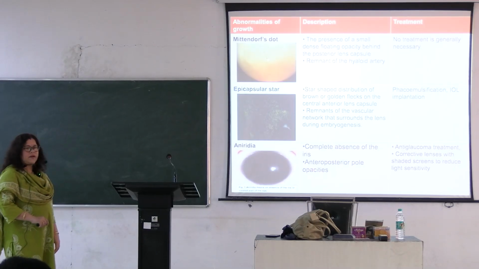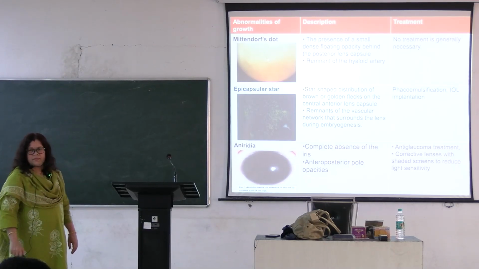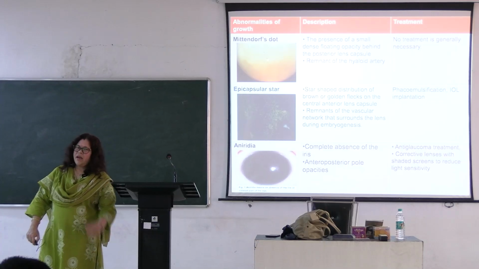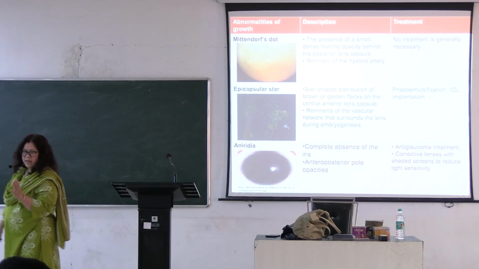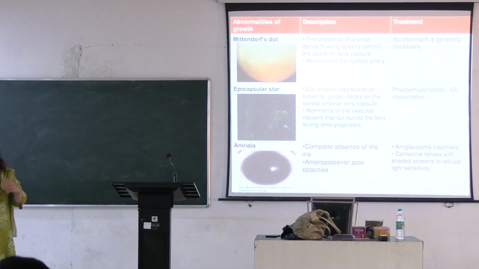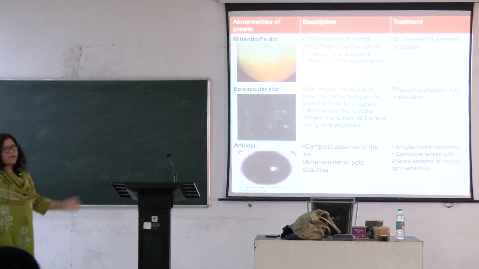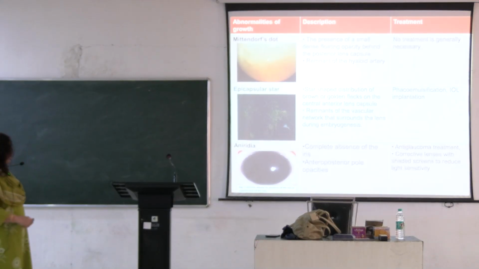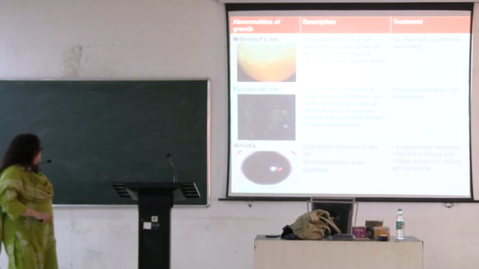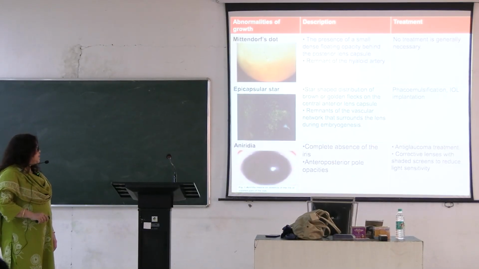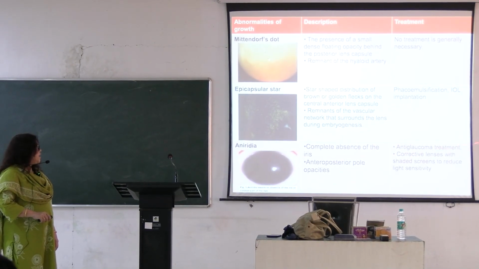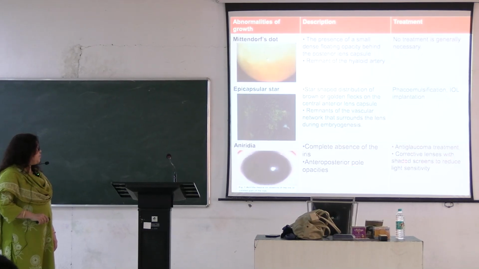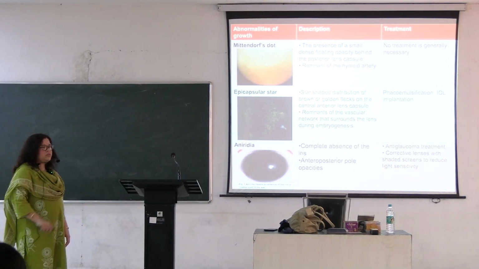And aniridia. What is aniridia? Iridia means iris. Aniridia means complete absence of the iris, and there may be opacity at the anterior and posterior poles. Aniridia is treated with anti-glaucoma treatment and corrective lenses with shaded screens to reduce light sensitivity.